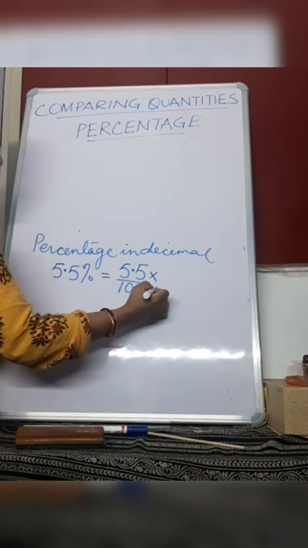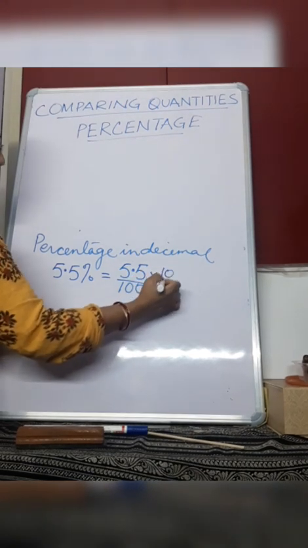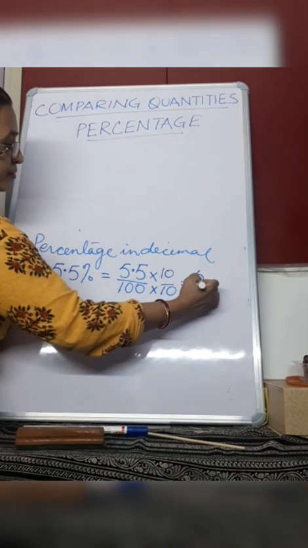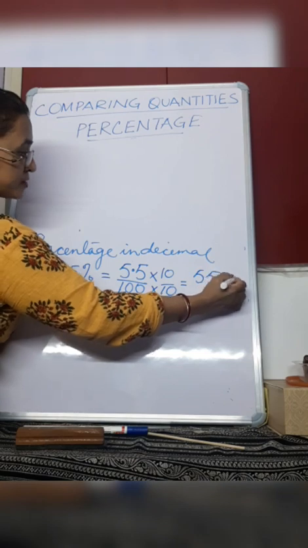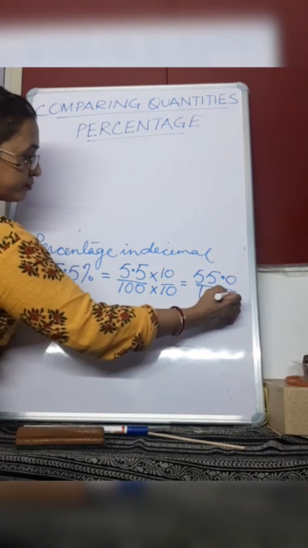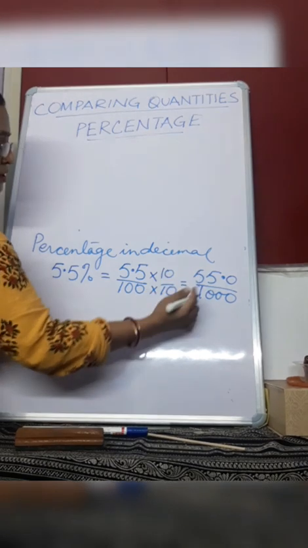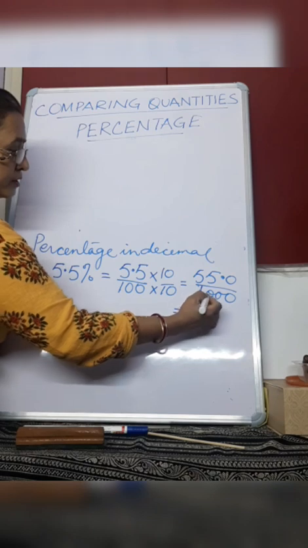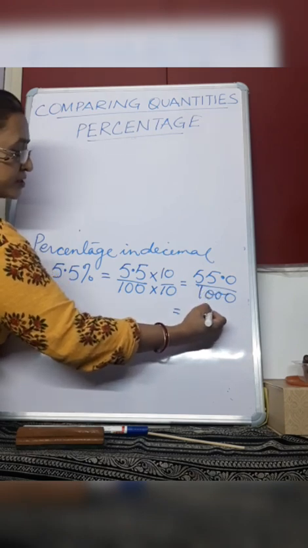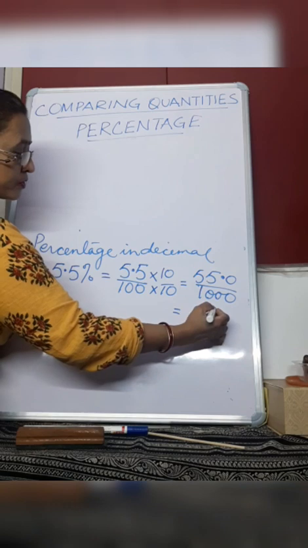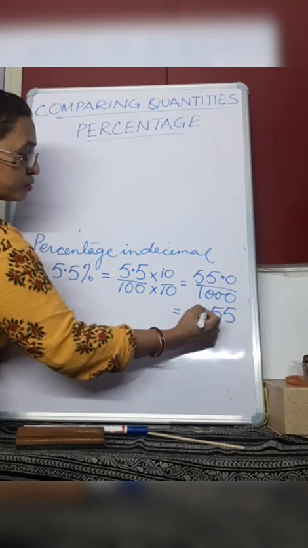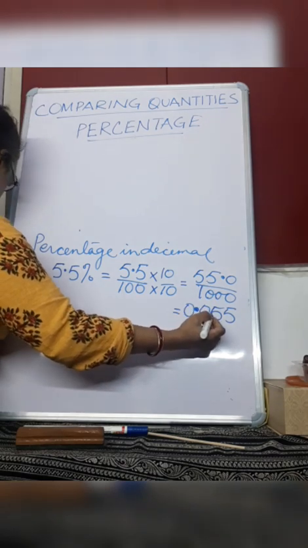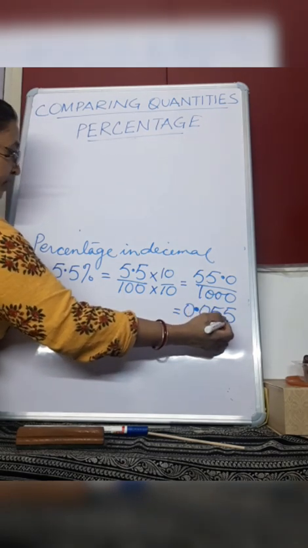So let's remove this decimal by multiplying by 10. So I'll get 55.0 out of 1000. So this 1 will be changed to point. We can place 3 digits, but we have only 2 digits. So we will put these 2 digits and put a 0 over here. So it is 0.055.